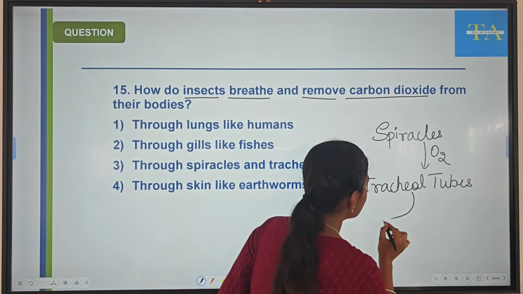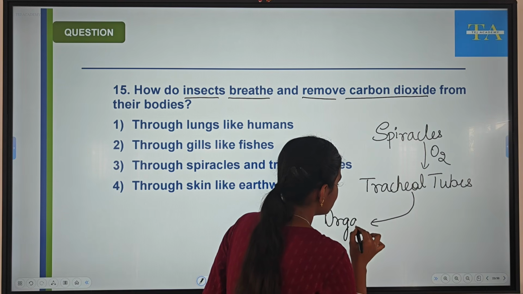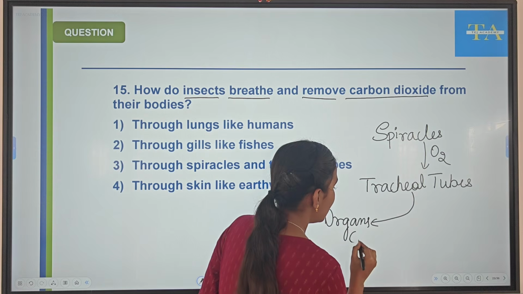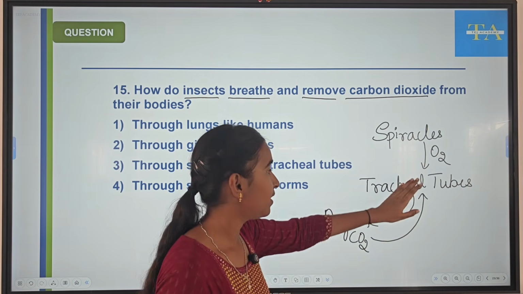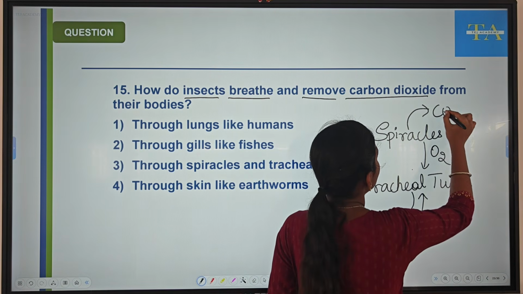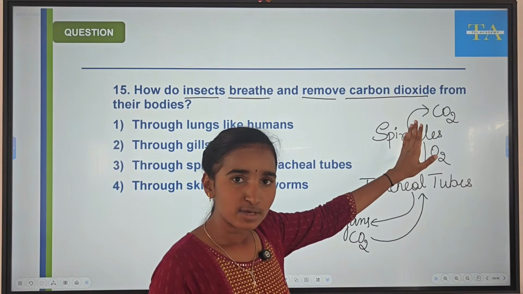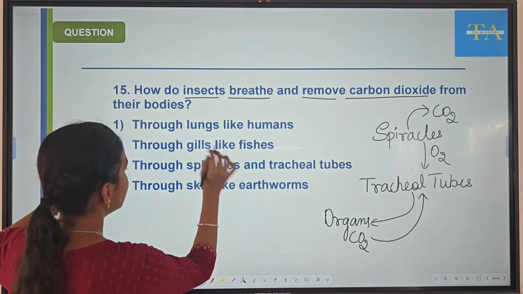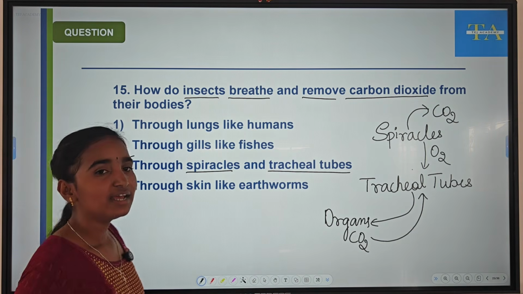Through trachea, oxygen will be transported into different organs of the insect body. In the same way, carbon dioxide will move into trachea. From trachea, it will be exhaled out through spiracles. Hence, insects will remove carbon dioxide through tracheal tubes and spiracles. Here we have through spiracles and tracheal tubes. This is our right option.